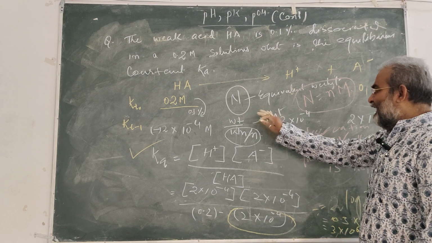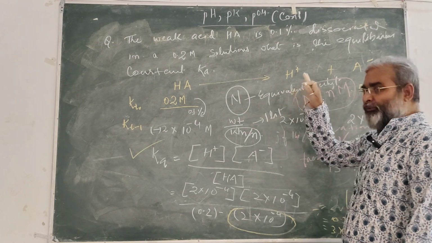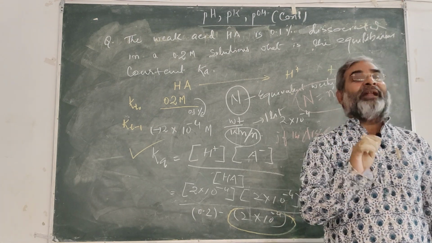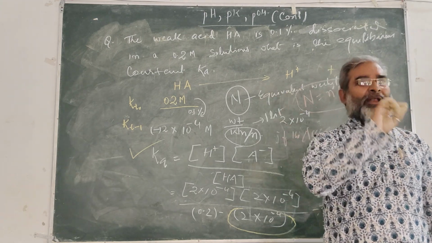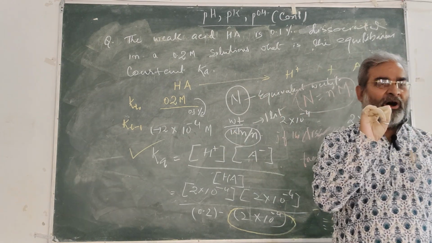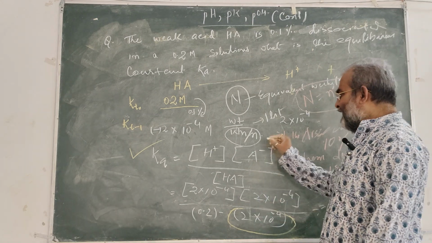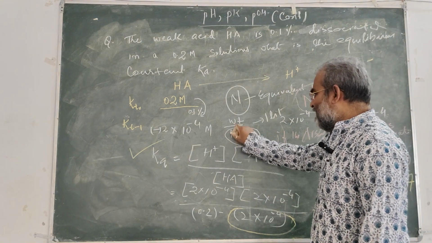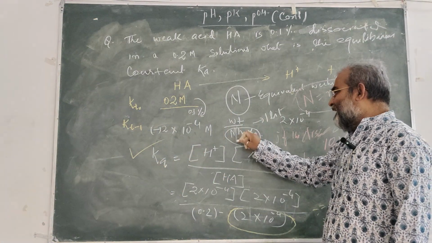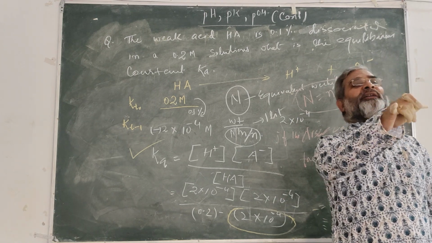If anyone asks what is the normality, it is the number of equivalents per liter, or per 1000 milliliter of solvent. This is represented as the weight divided by the equivalent weight, and the equivalent weight is the molecular weight divided by n, where n represents the number of protons or electrons received or released.